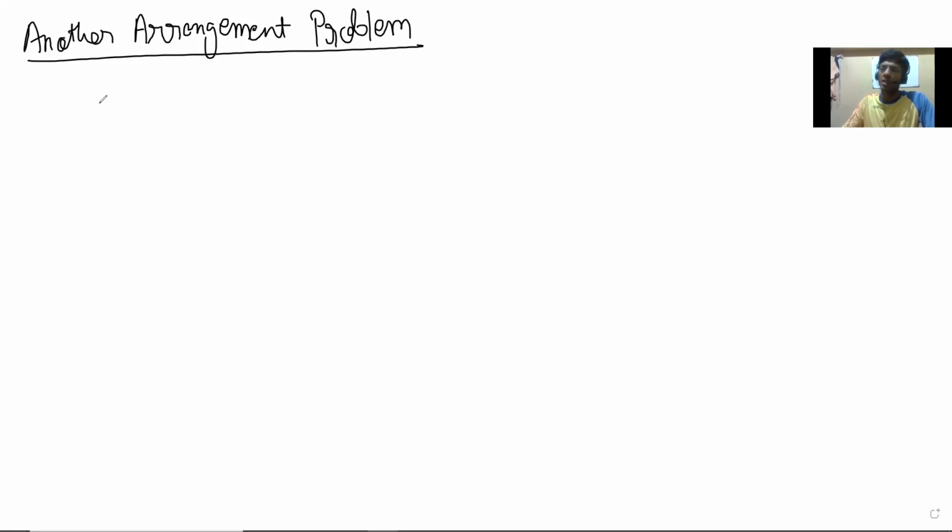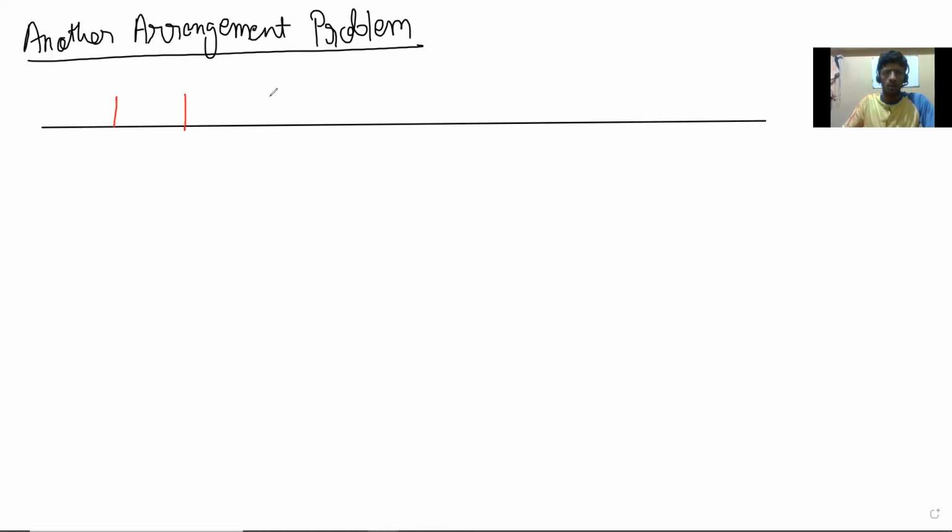Okay. So what is this question? So there is a track or something, and there are six poles, and there are sparrows.